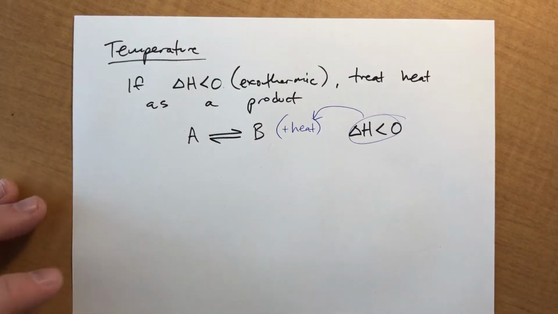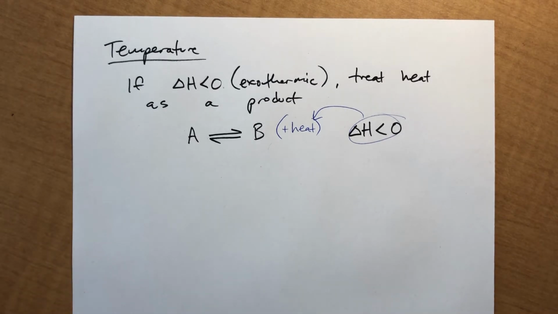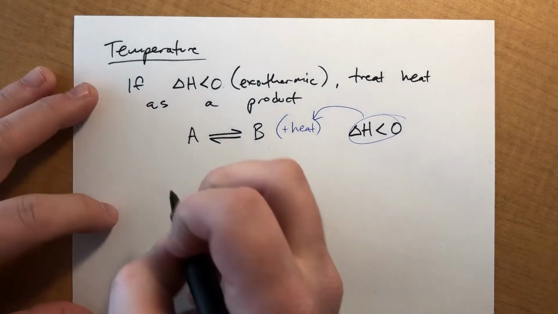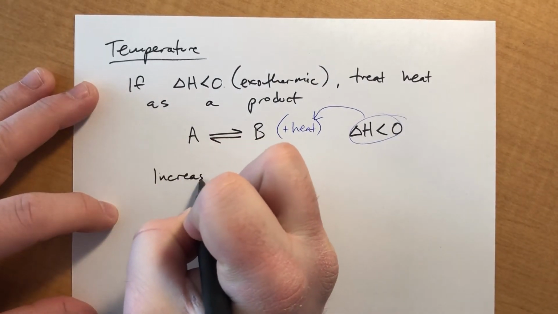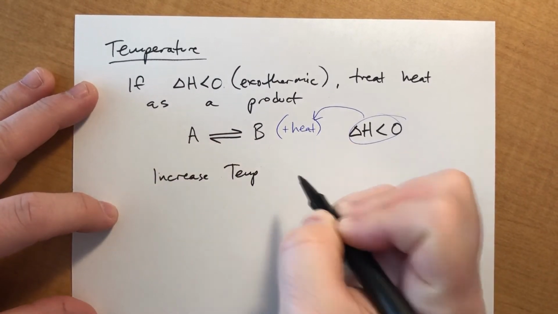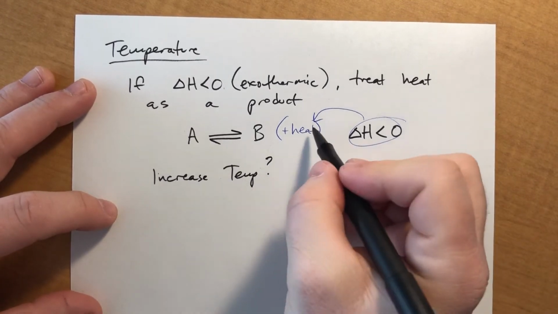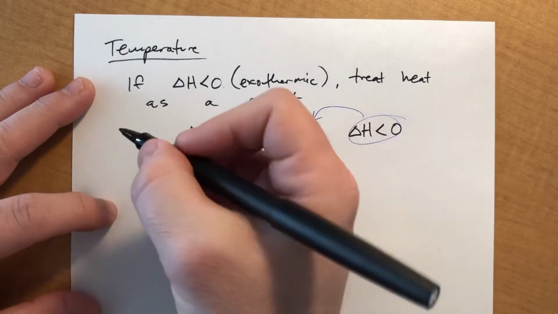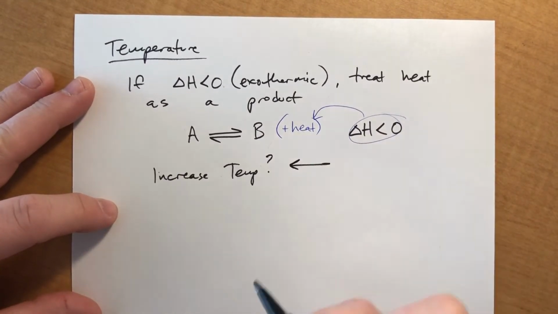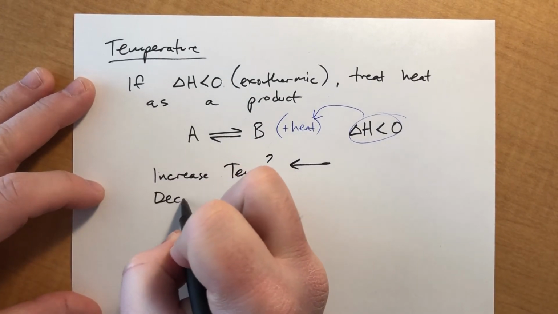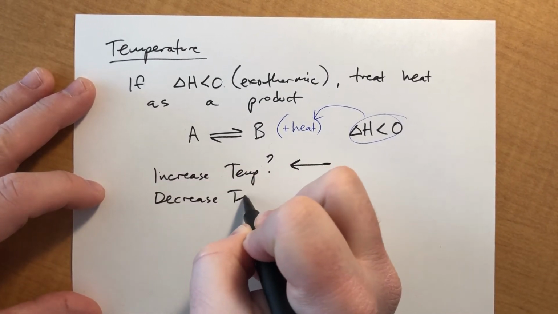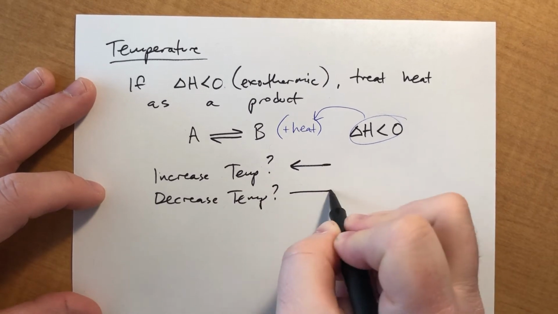And then literally when you increase or decrease the temperature, you just visualize it like you do the concentration rules. So if we increase the temperature, what we're doing is adding more heat, which is a product, it'll shift to the left. If we decrease the temperature, you're removing a product, it's going to shift to the right.